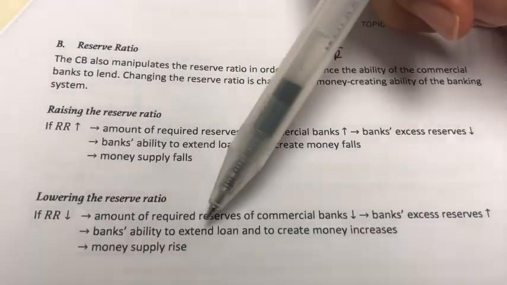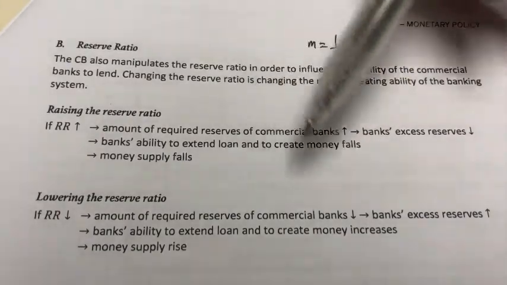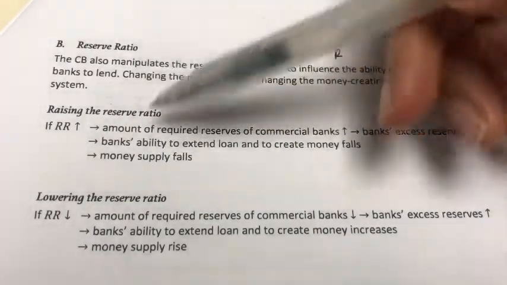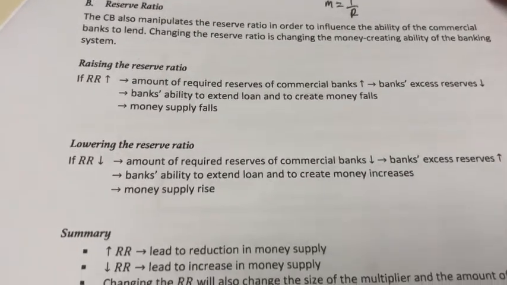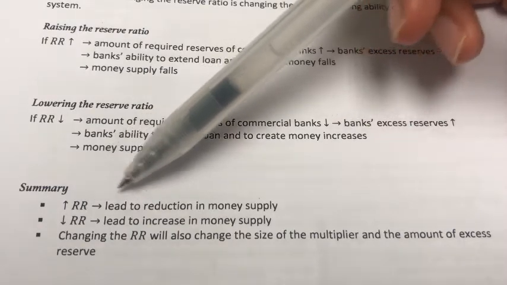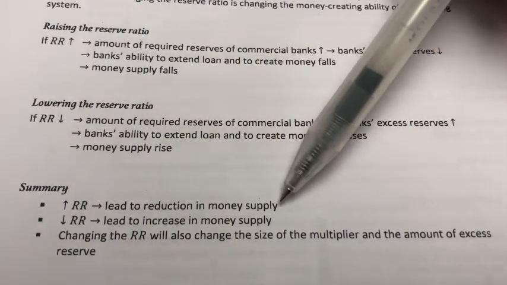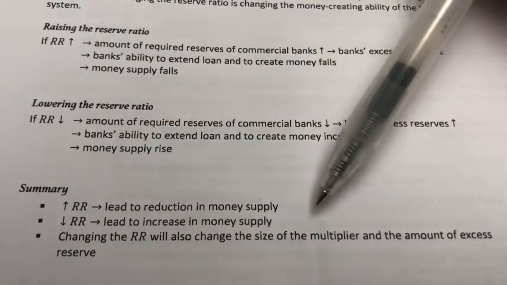The more the commercial banks are able to lend, the more money is being created through the fractional reserve system. I hope you can see the relationship here. Here I'm going to show you the summary for your convenience. The higher the reserve ratio, it will lead to a reduction in money supply. If there's a fall in reserve ratio, it will lead to an increase in money supply.